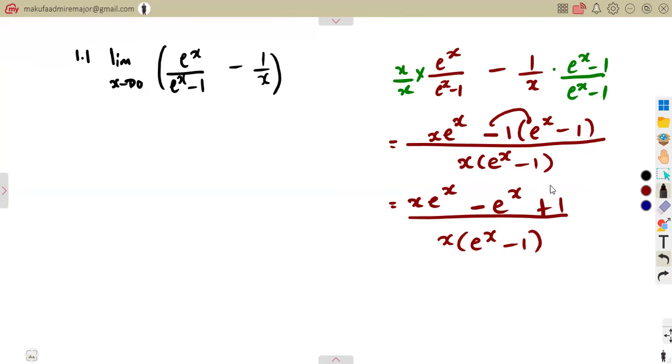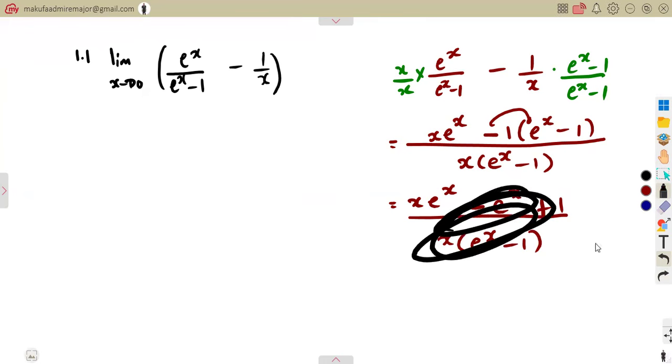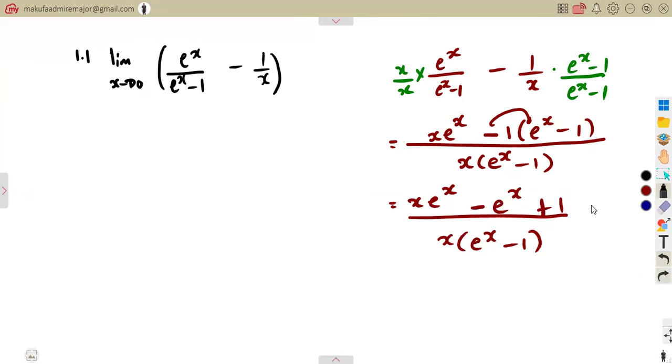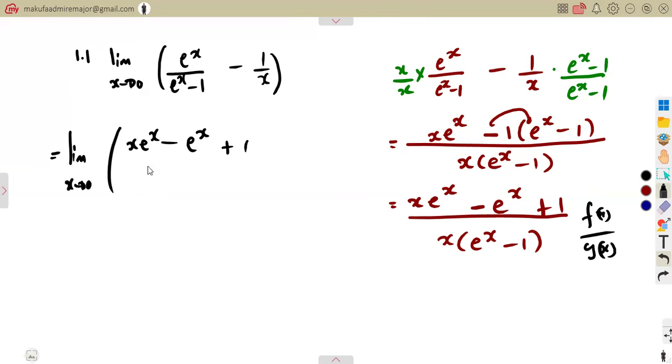Yes, we've got a single fraction and we do not have anything in common, so we have the concept of f of x over g of x. Let us now substitute the limit: x e to the exponent of x minus e to the exponent of x plus 1, all over the denominator.